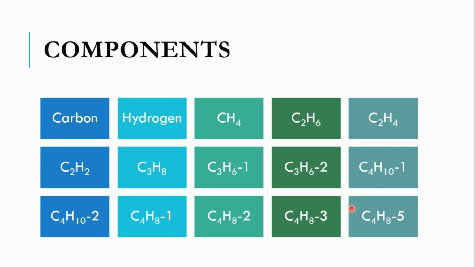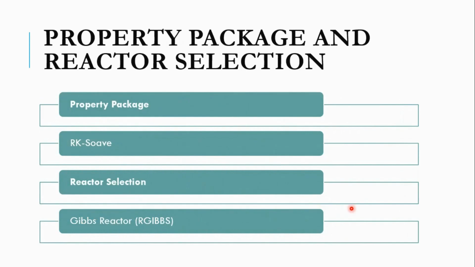But how does Aspen decide which products are formed and in what amounts? We have to look at it. To accurately model this hydrocarbon system, we select the property package as RK-Soave, Redlich-Kwong-Soave, which is the property package used for gas phase hydrocarbon systems because it provides reliable predictions of phase behavior and thermodynamic properties.